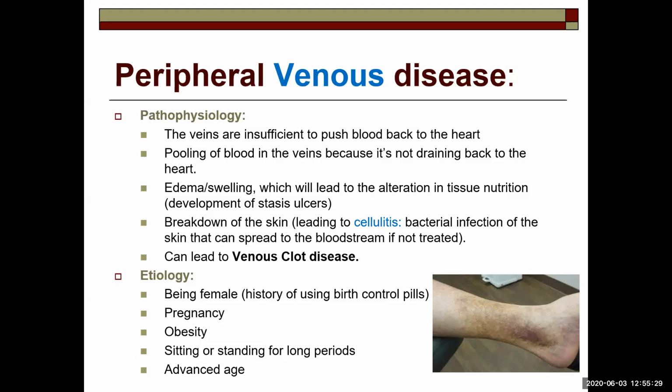But what you have here in this case, you have insufficient push of blood back into the heart, so everything's pulling back down. So pooling of blood, pooling means accumulation of blood in the, it could be in the superficial veins or it could be in the deep veins. So you could end up having swelling, edema, and all that can lead to this.